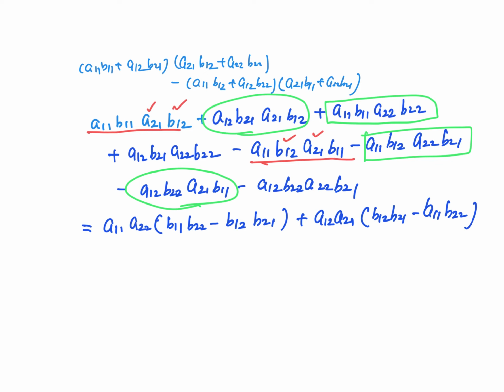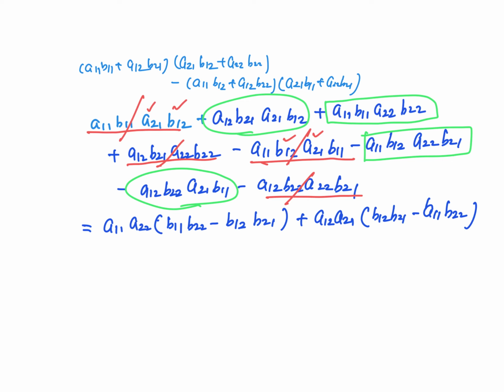So they cancel each other. A12, A22, this one, and this one. A12, A22, P22. So this cancels each other, right?